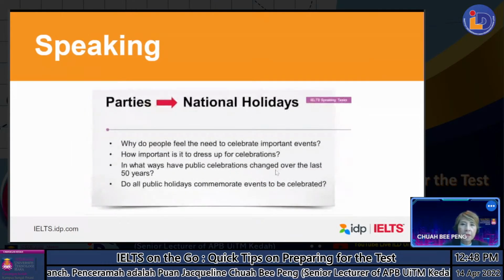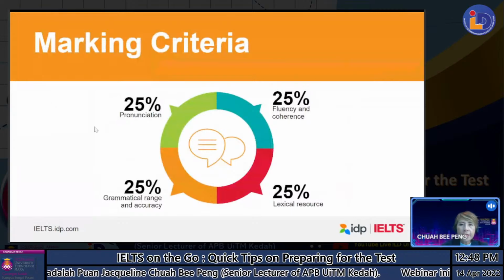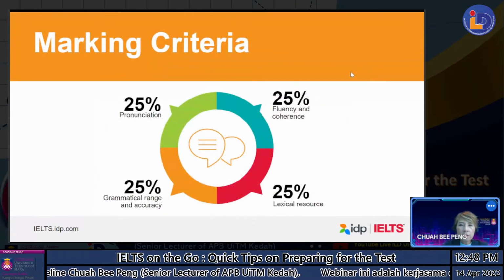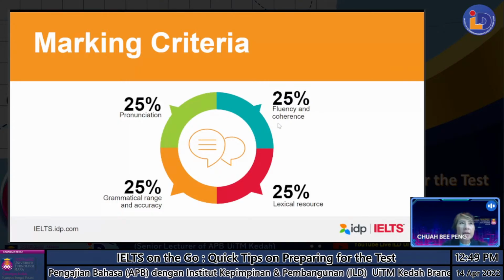All right. So again, what you are being rated on in your speaking test would be fluency and coherence. That means whether you're able to go on without difficulty. Do you pause many times? And even if you pause, are you able to carry on? Is your speech disjointed? Is it coherent or not?